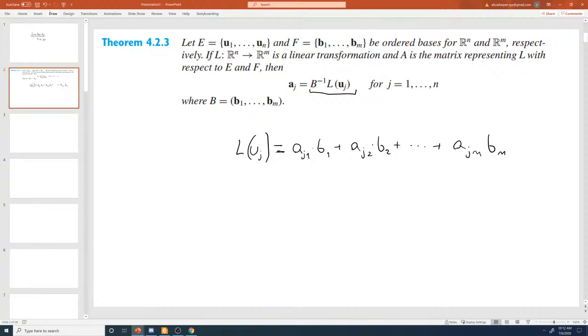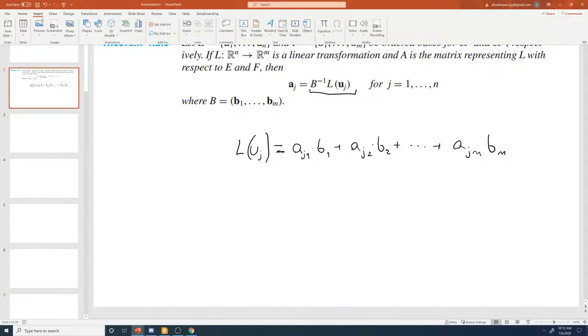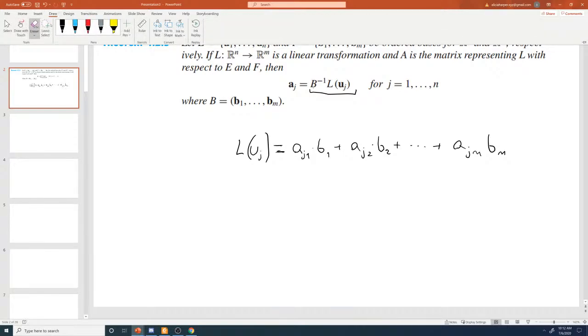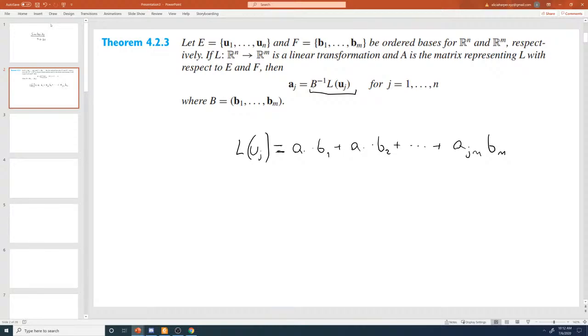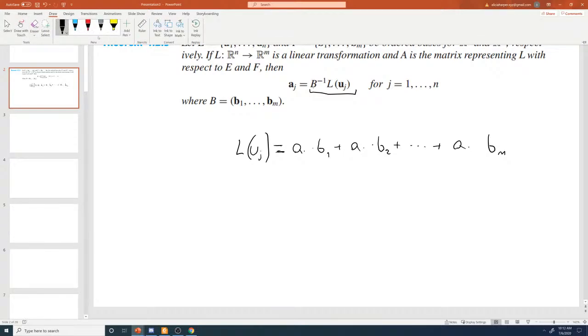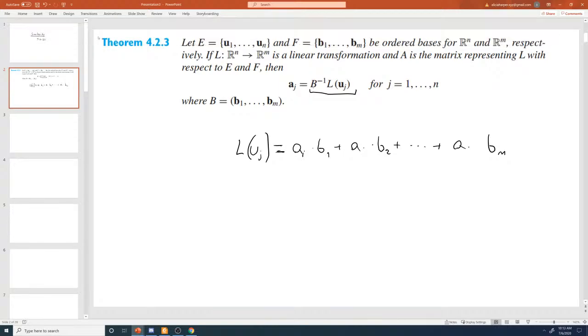Wait, I may have messed this up slightly. Sorry, I wanted my indices to be reversed for a reason. So this should be A1j, 2j, and mj. So this is what happens if we express L of uj with respect to the basis b1 through bm.